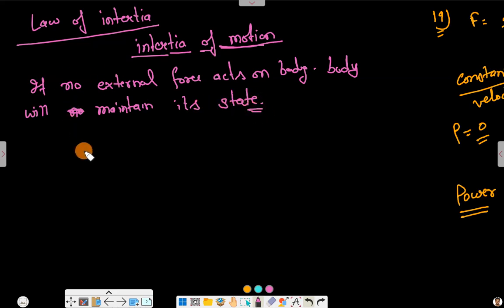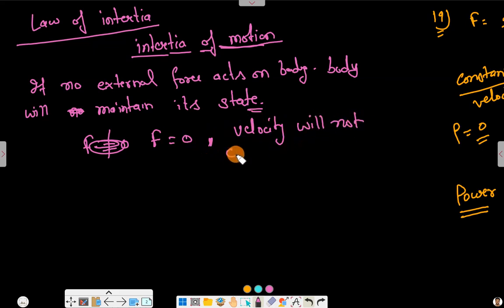It means if the external force is zero, then velocity will not change. So if external force is zero, then velocity will not change. We can reverse it also: if velocity is not changing, then external force is zero.